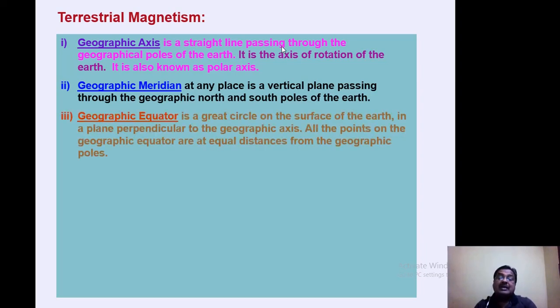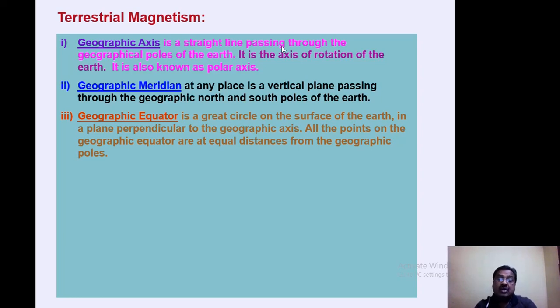At any place on the earth, if you imagine a vertical plane passing through the geographic north-south, it will be called as geographic meridian. Geographic meridian is defined as a vertical plane passing through the geographic north-south of earth. Vertical plane means it is perpendicular to the geographic north-south line.